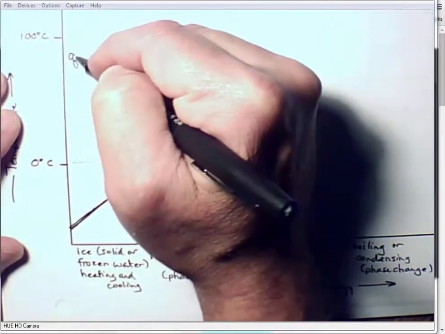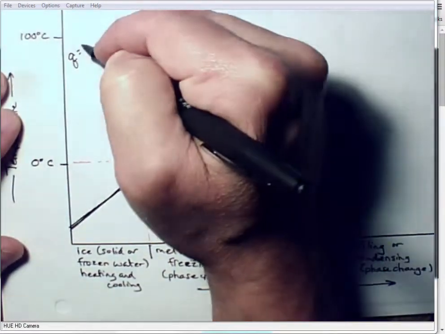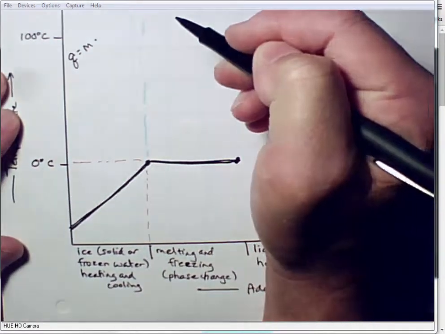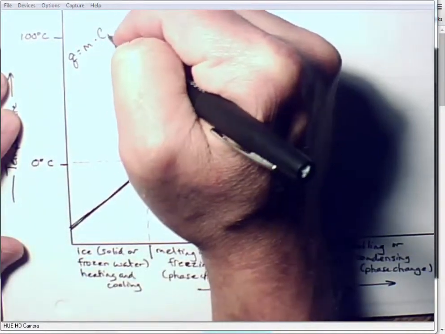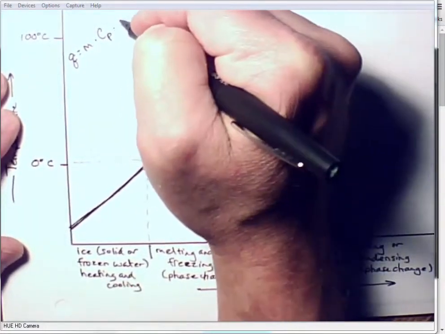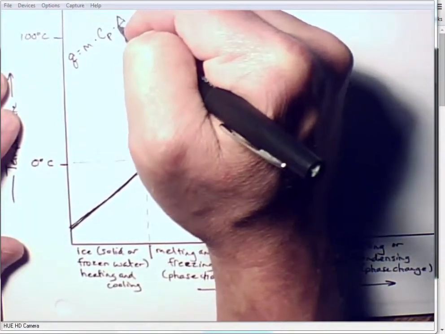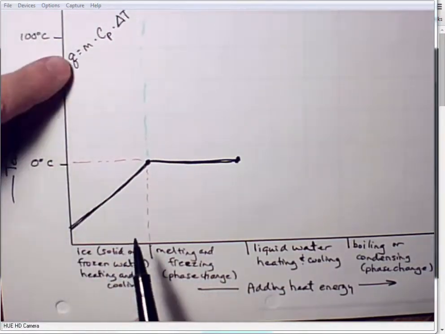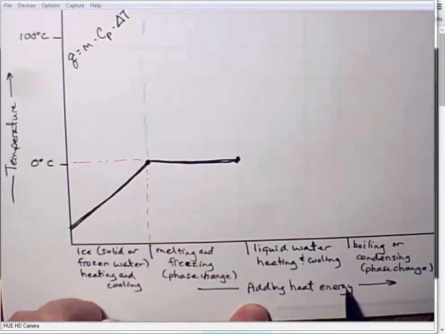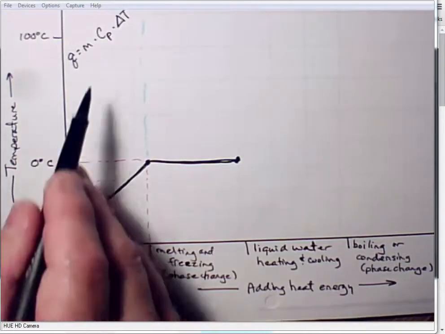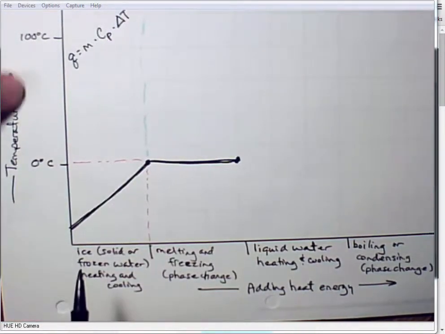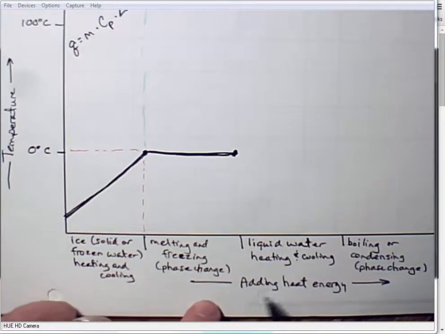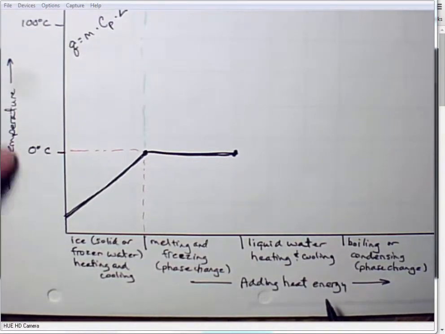Heat capacity, okay. Change in temperature, okay. That's the equation that shows how Q, adding heat energy as Q, is related to the temperature change, which is on this axis over here. So the horizontal axis is Q, the vertical axis is T. Okay?